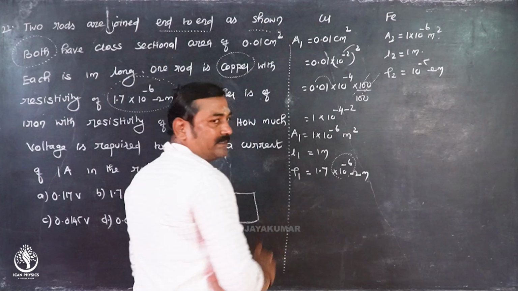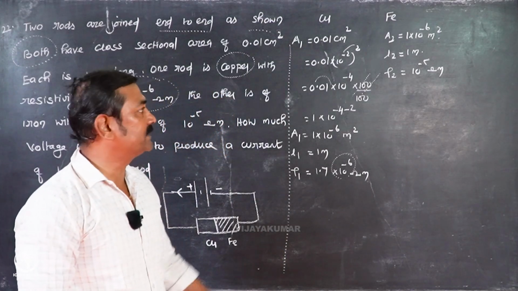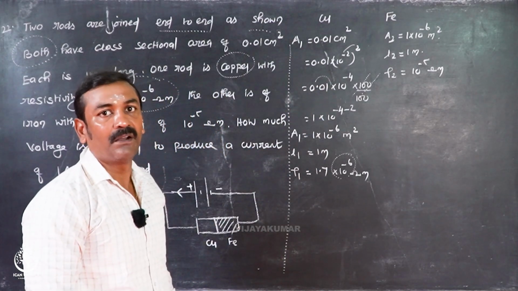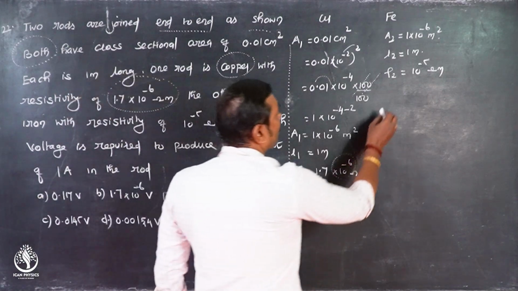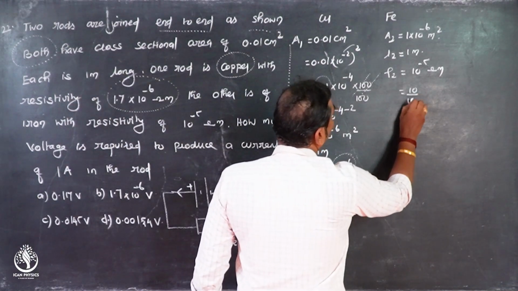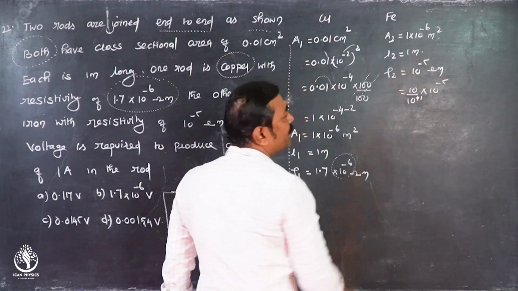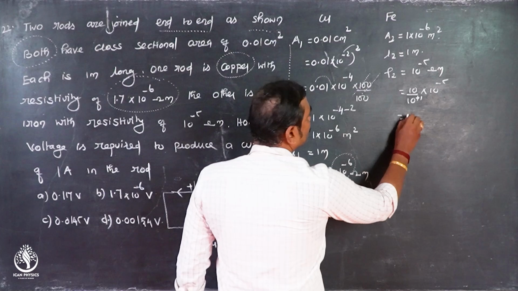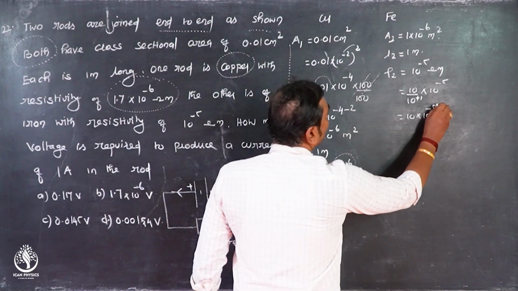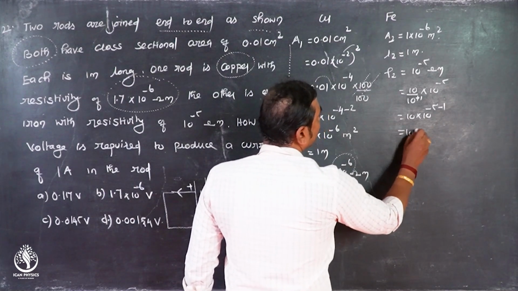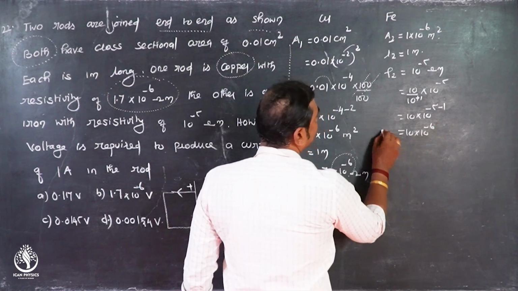Here the power is minus 6, here we have minus 5. So to make it common, multiply and divide by 10. The minus 1 goes to the numerator, so 10 into 10 to the power minus 6 is the resistivity given.